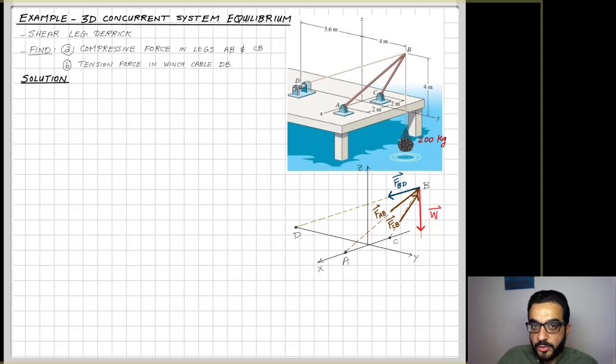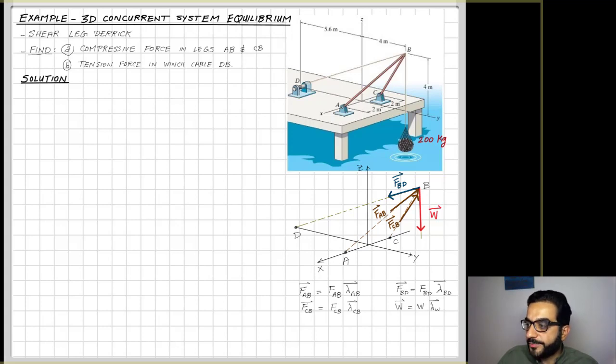The weight of the load is W, and I'm showing everything here as vectors, even writing it in vector notation. So FAB as a vector is equal to FAB magnitude times lambda AB, which is the unit vector that describes the direction of AB.